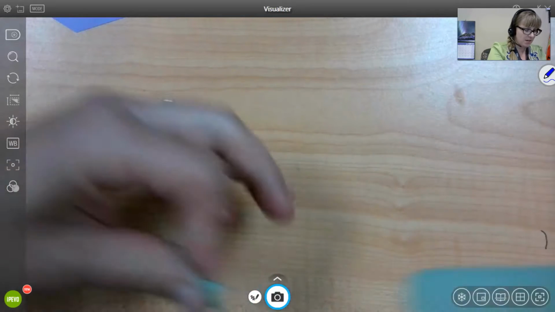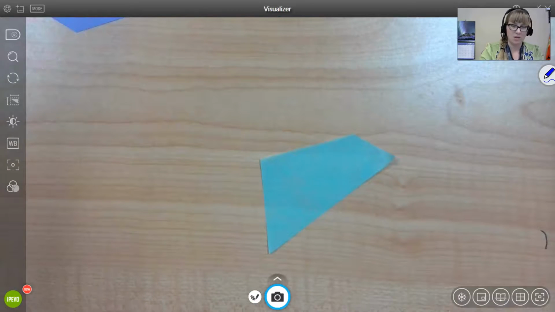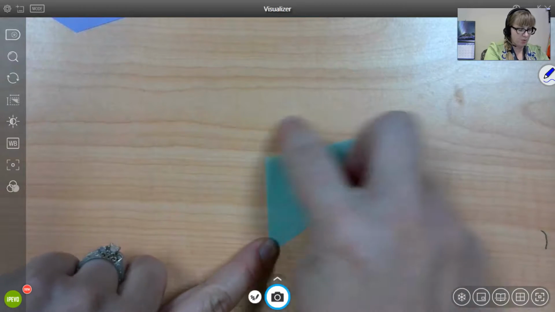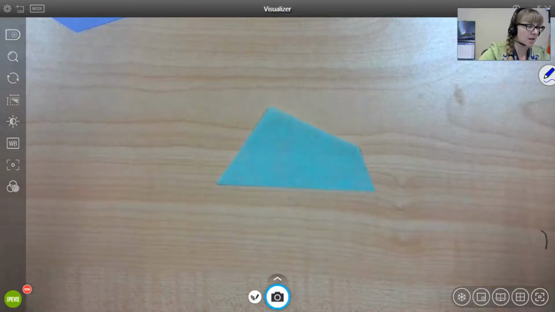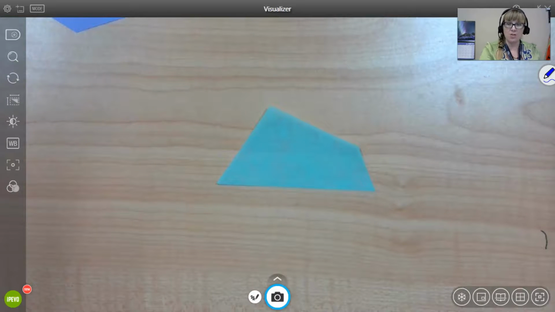All right, here's my next attempt at a quadrilateral. 1, 2, 3, 4. Very interesting shape. Definitely doesn't look anything like we saw before with the square.